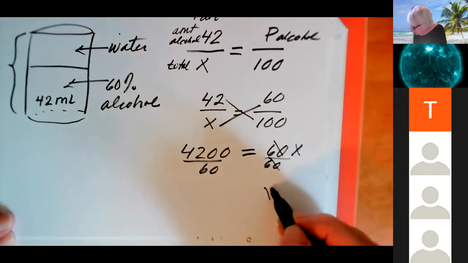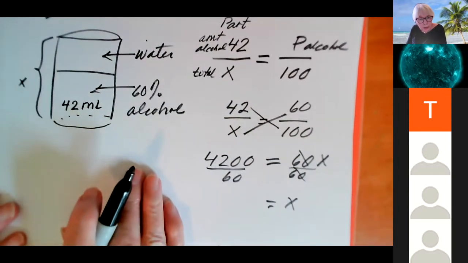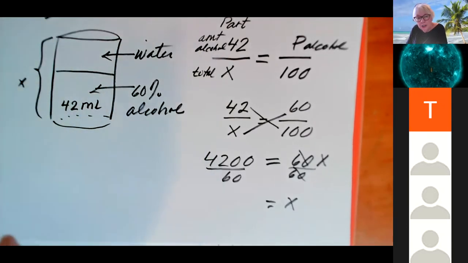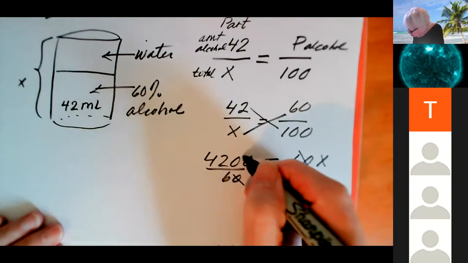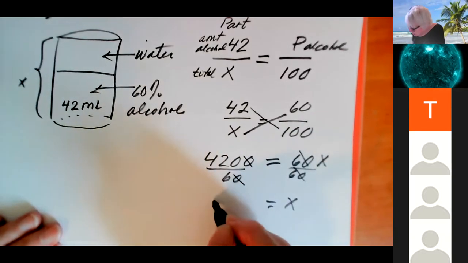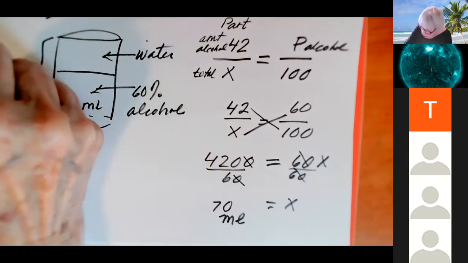Cancel, cancel, x, which is the total. And see, a picture's worth something, right? Because then you're starting to visualize, oh, I'm mixing these two things together. Here's my total container. I can take out a pair of zeros if you feel like it. 6 into 42 is 7, and so that would be 70 milliliters.